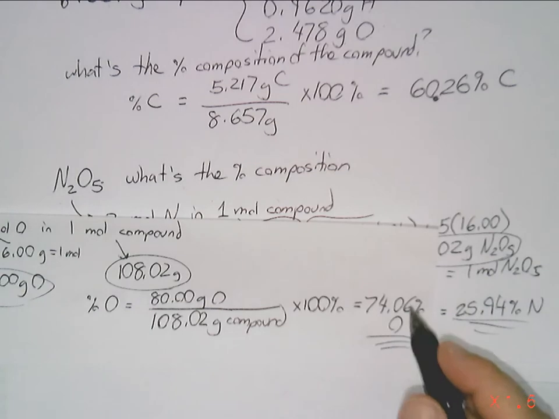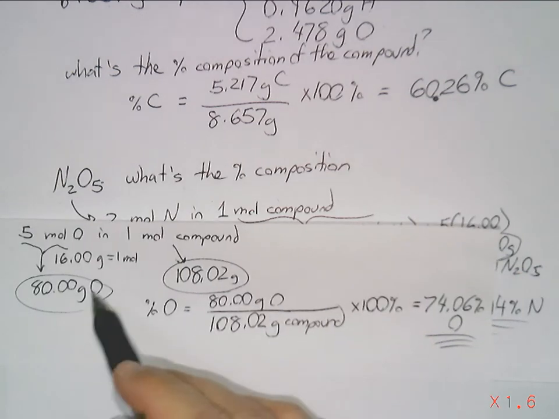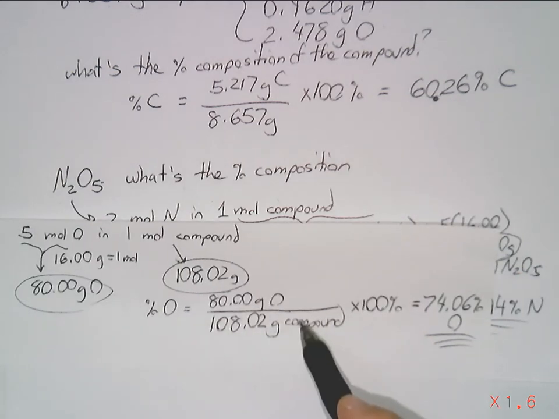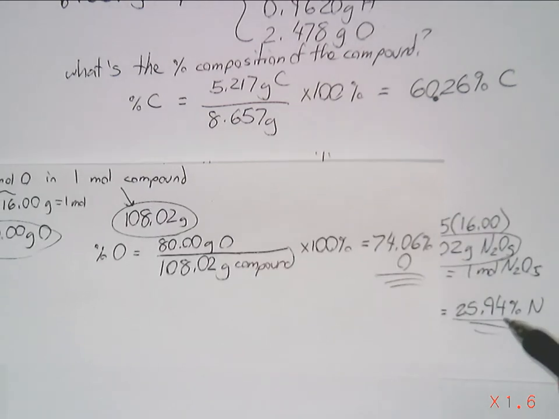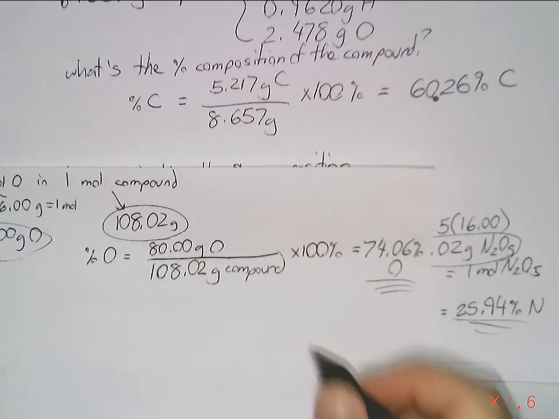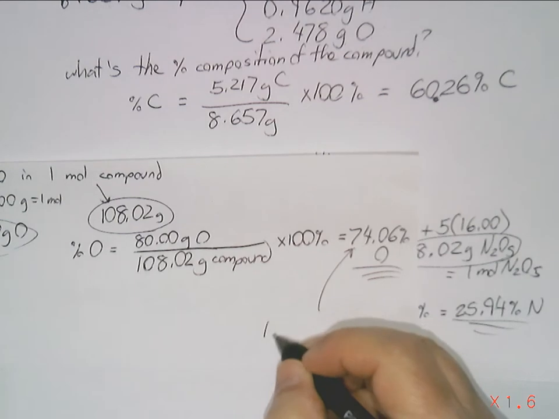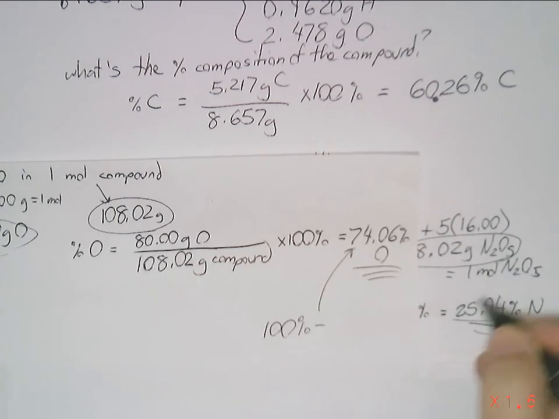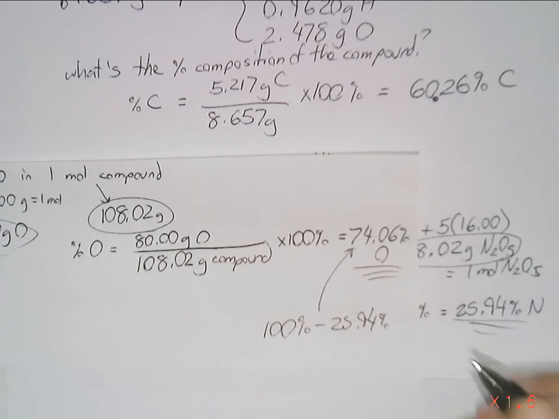Now, we could have figured out what the percent oxygen was a lot more simply than we just did. We just went through the whole thing so that we could use the formula for percent oxygen there. But once you figured out what the percent nitrogen was, you could say the percent oxygen, since it's the only other thing in there, has to be 100% minus the 25.94%.